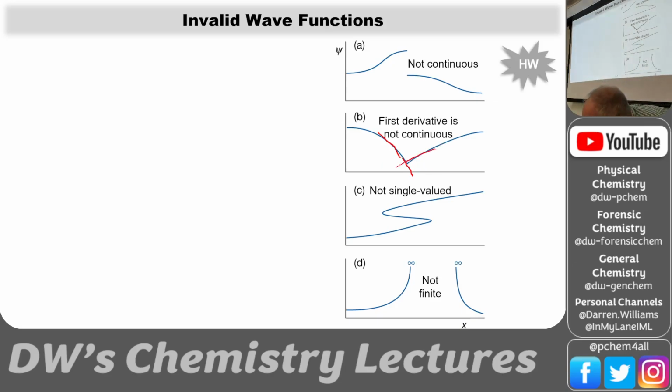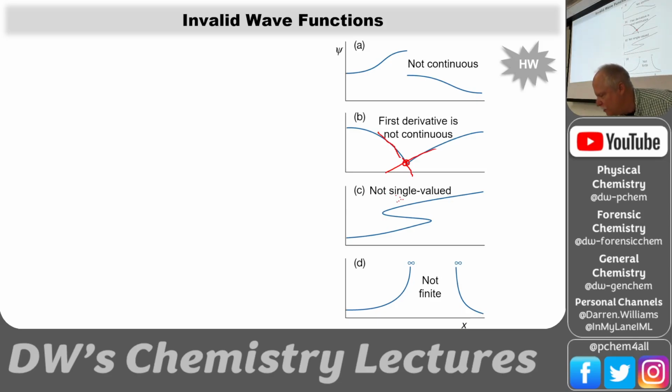The slope is positive. At this point, the slope has 2 values. It has a negative and a positive number. So if we're going to take the second derivative of this wave function, which we have to do in the energy, the Schrodinger equation, that second derivative is not going to be defined because it's going to have 2 values. So we can't have any kinks in our wave function.